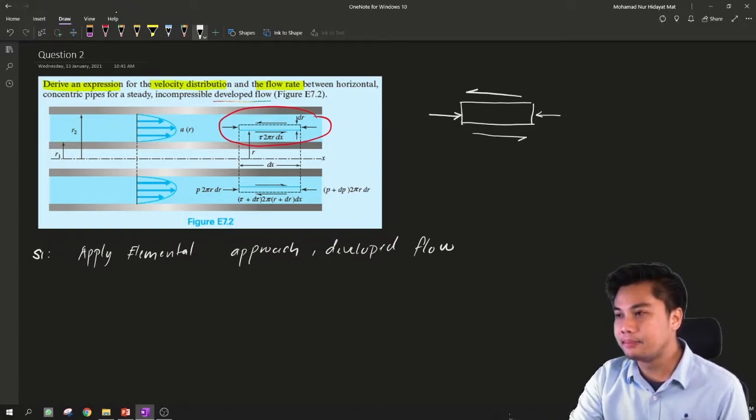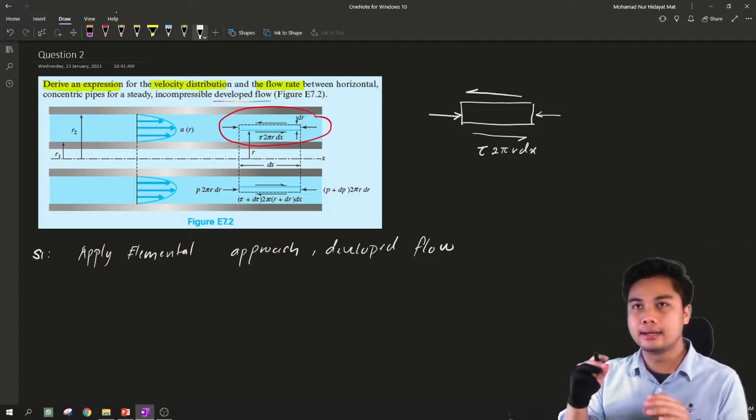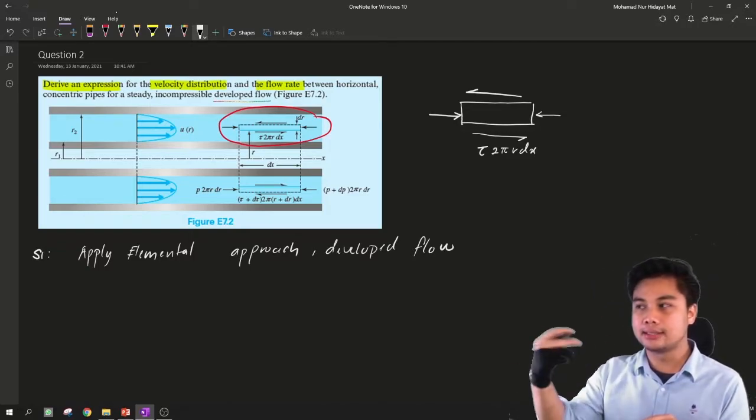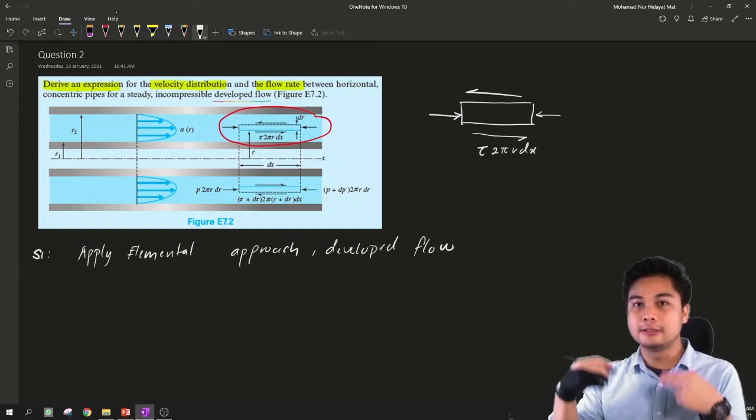So let's put all these elements together. At the bottom we have the shear force, tau 2 pi r dx. 2 pi r is the circumference of the circle, multiplied with dx we get the surface area.